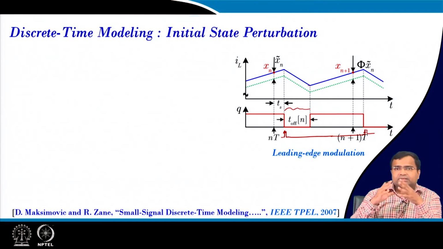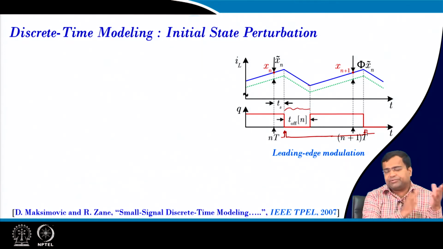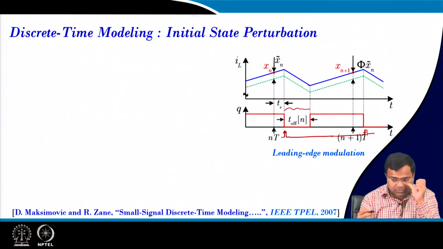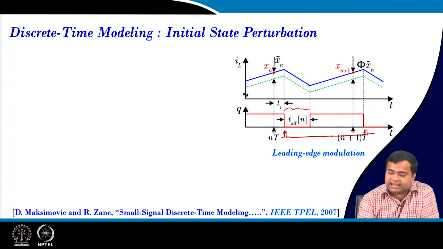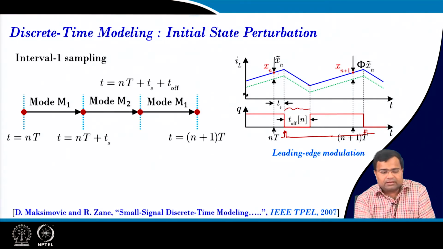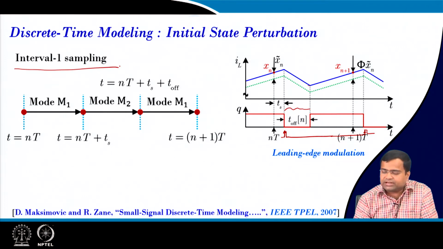Okay. And this we have discussed in our previous lectures about various architectures of valley current mode, then peak current mode control. Now, under leading edge, the sample is generally captured during the on state, and that is why it is called interval 1 sampling. That means the sample is captured at the on state.